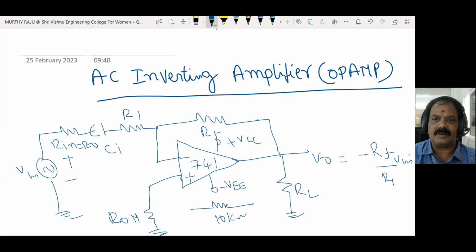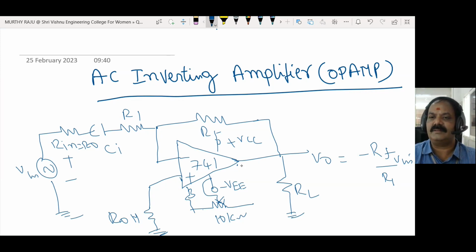There is a 10 kilo ohm resistance part. The wiper terminal of that resistance is connected to minus VE. This is the wiper terminal.